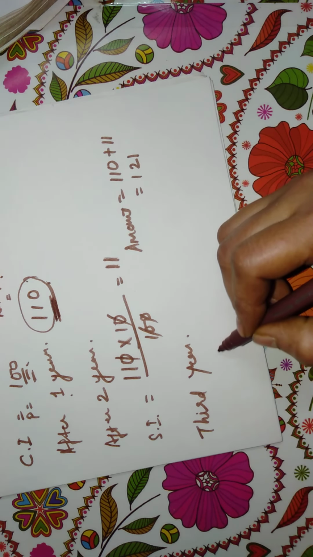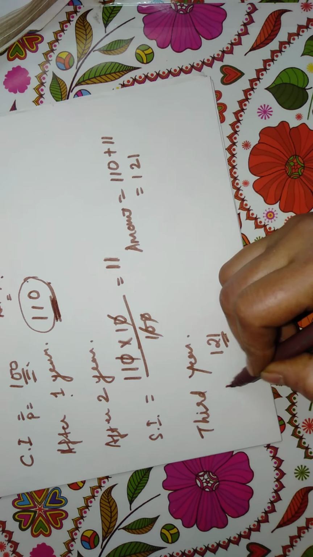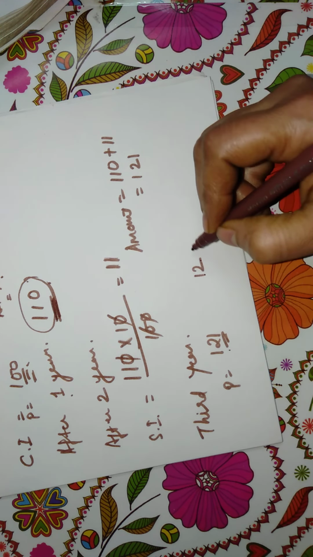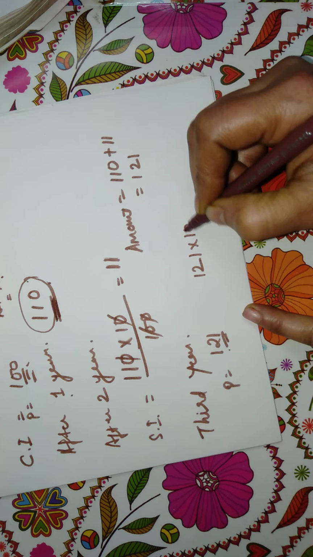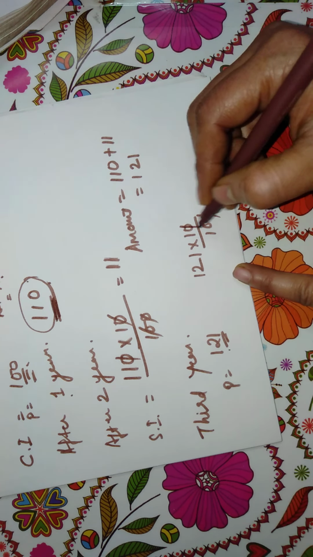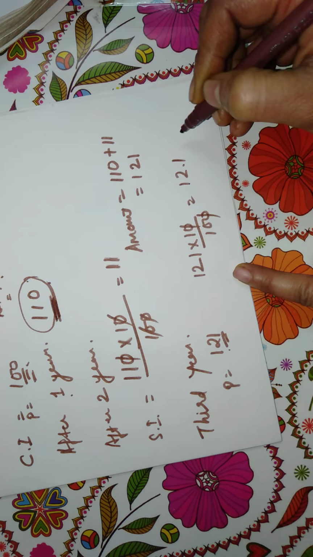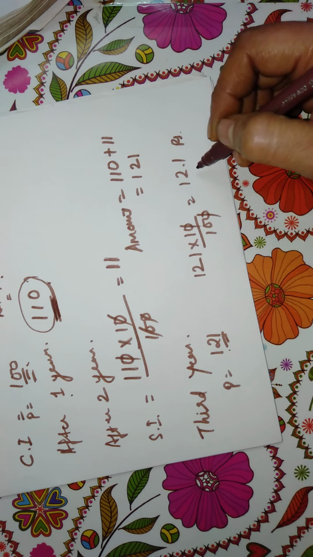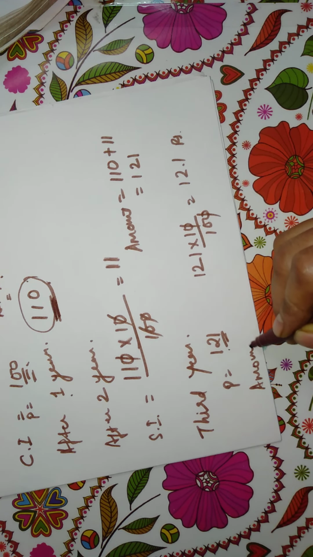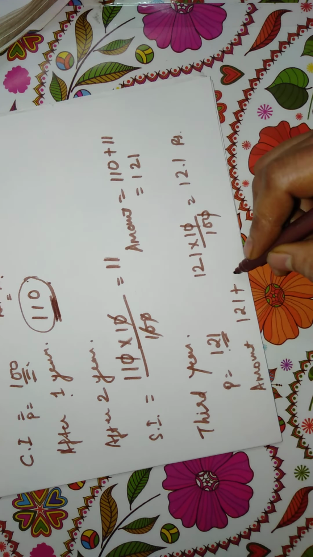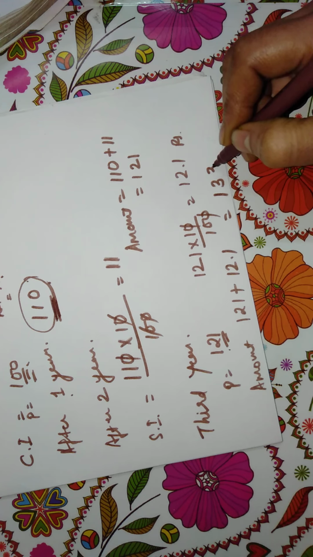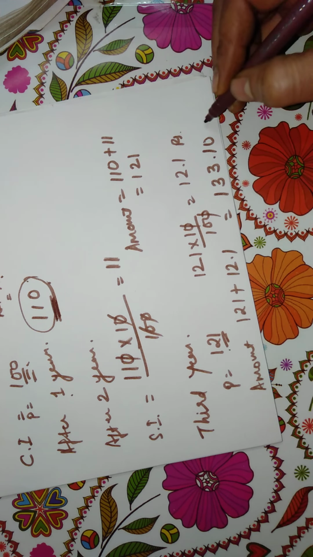Now for the third year, this 121 rupees is the principal amount, and on this the interest is calculated as 121 into 10 upon 100, and so we'll be getting 12.1 rupees. This 12.1 rupees is now added to 121, so the amount is 121 plus 12.1, that is 133.10 rupees.